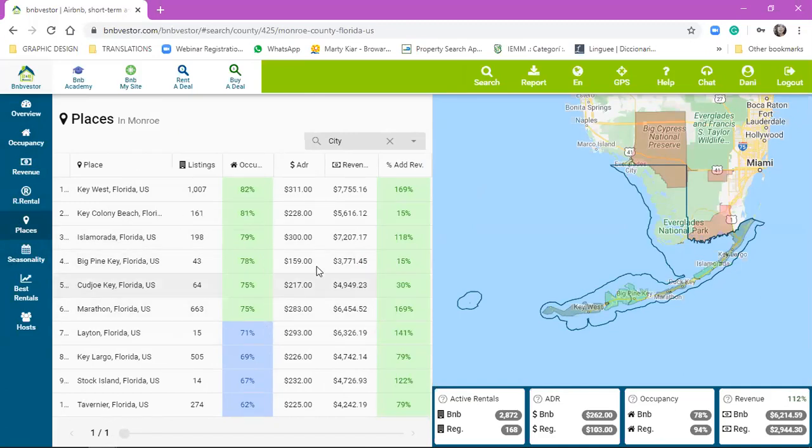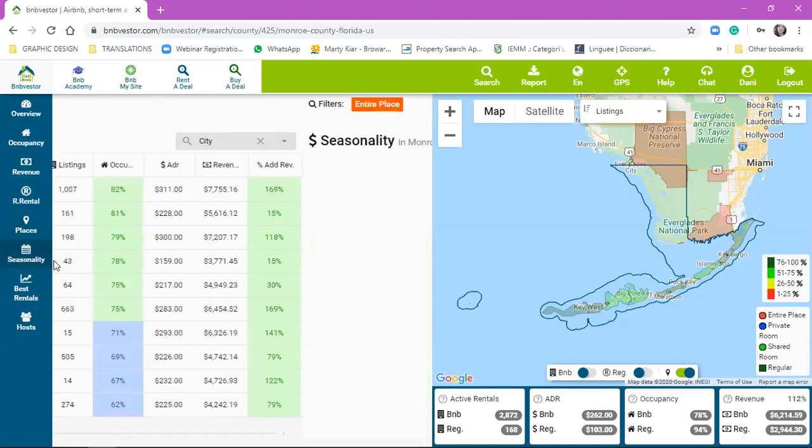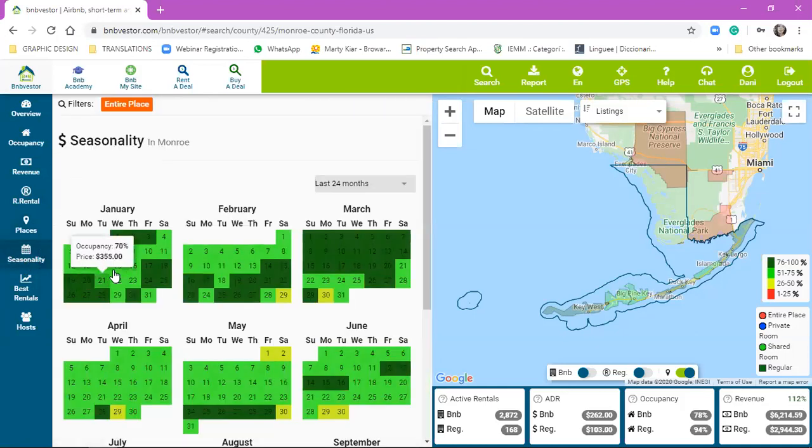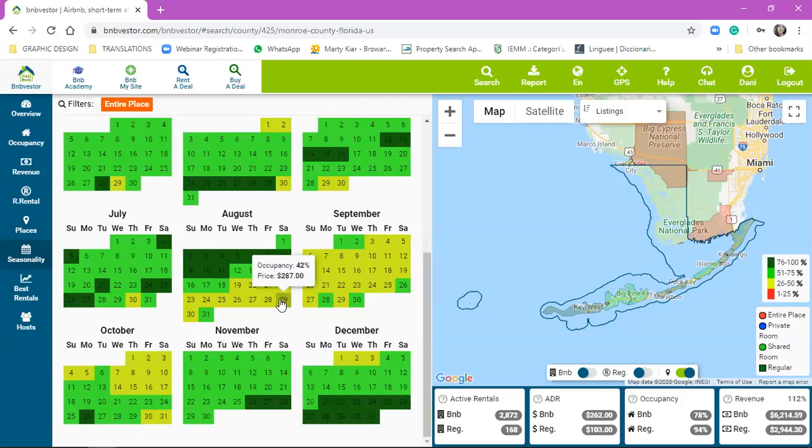Then, since I already showed you this tab of BNBvestor, now I'm going into seasonality. Seasonality is one of my favorites because it divides the seasons and the best months for your BNB business.